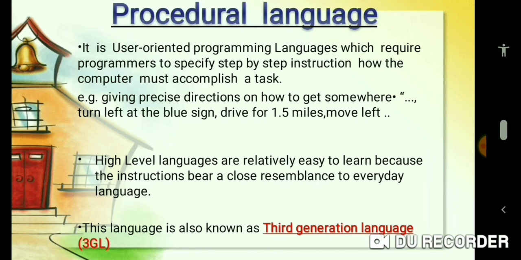So, high-level languages are relatively easy to learn because the instructions bear a close resemblance to everyday language. Everyday language means English language. This language is also known as third generation language.